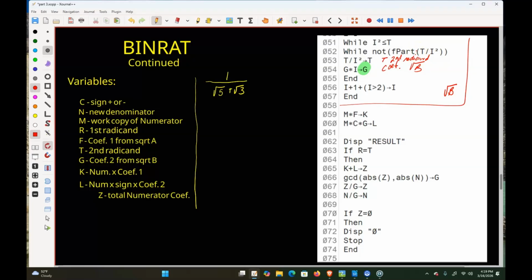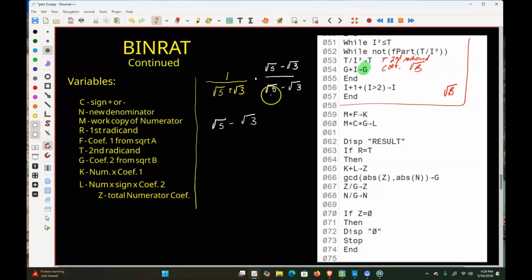Okay, so if I was working this problem, I basically have it in the format that I need. So I'll multiply both the top and the bottom times square root of 5 minus square root of 3. So in the numerator, I would have the square root of 5 minus the square root of 3.